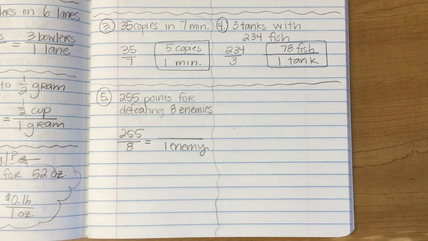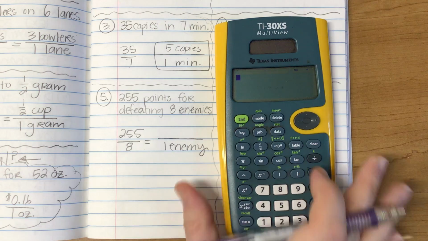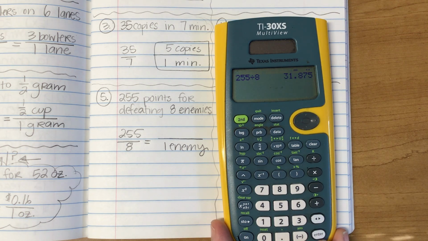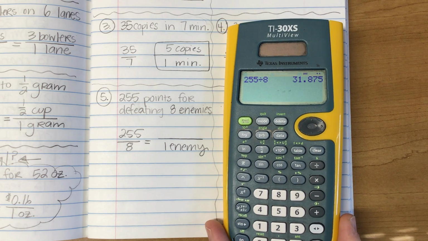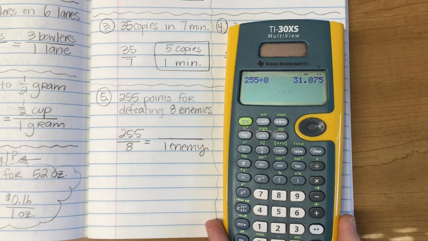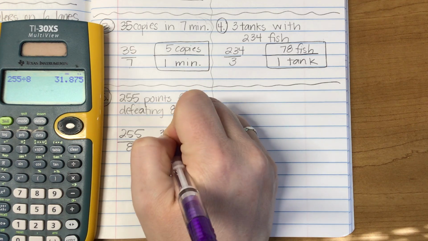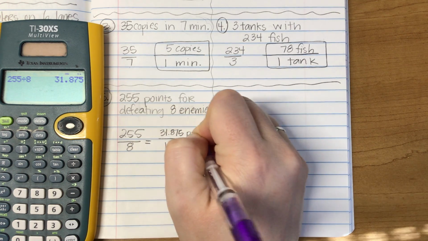How many points? It's 255 points for defeating 8 enemies. How many points is it to defeat 1 enemy? 255 divided by 8. Oh, what happens when it's a decimal? Is that okay? Decimals happen. Don't panic. We're just going to put 31.875 points.